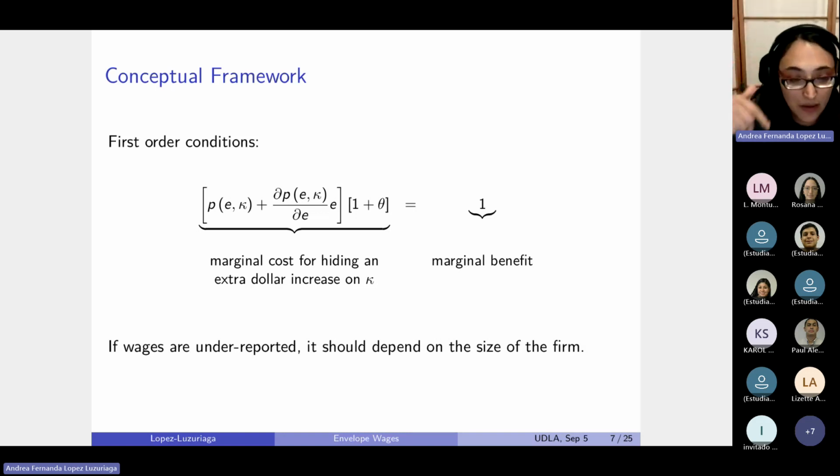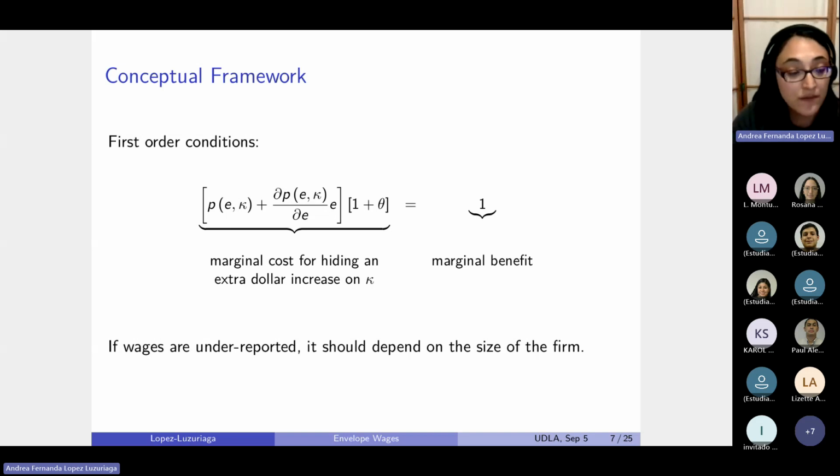The probability of me being caught increases, so the expected marginal cost of hiding increases as the firm size increases.